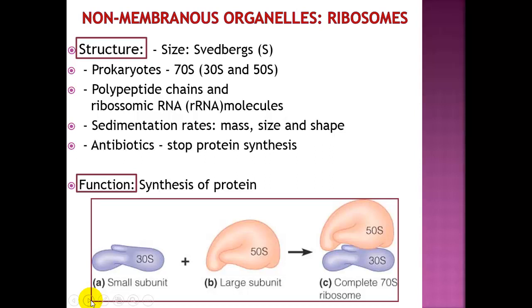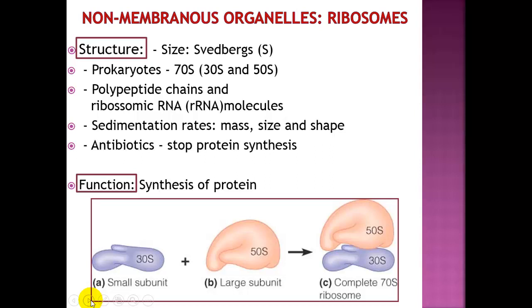Bacterial cells have thousands of ribosomes. The size of a ribosome is expressed in Svedbergs units, and it is determined by the sedimentation rate. In prokaryotes, ribosomes are 70S. All ribosomes are made up of two subunits. In prokaryotes, the subunits are a smaller 30S subunit and a larger 50S subunit.